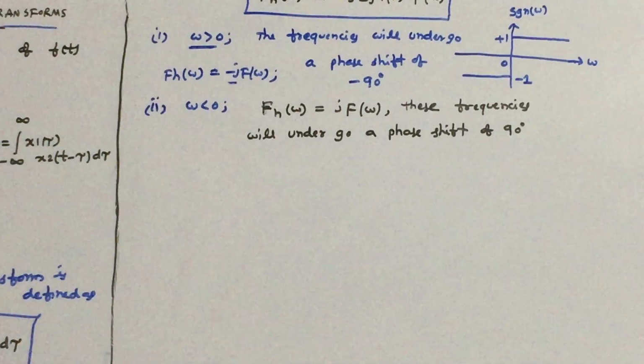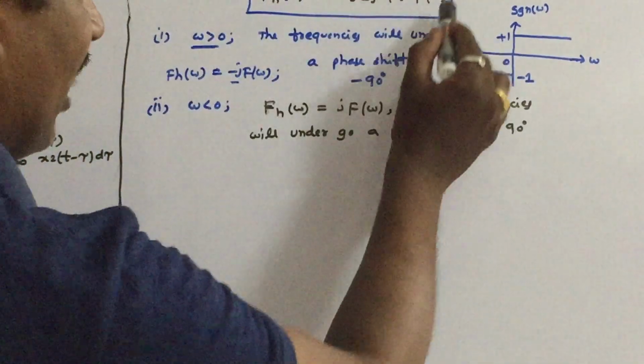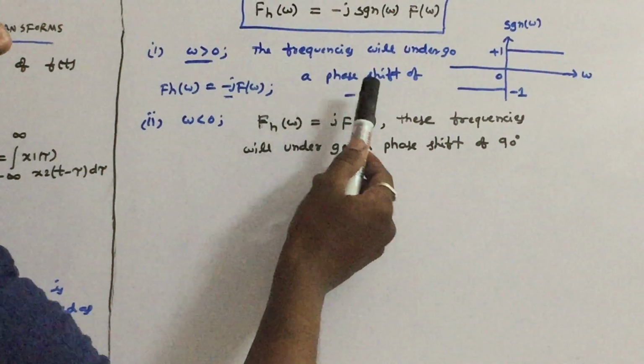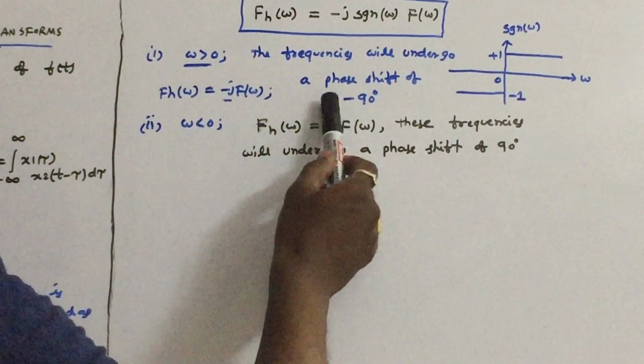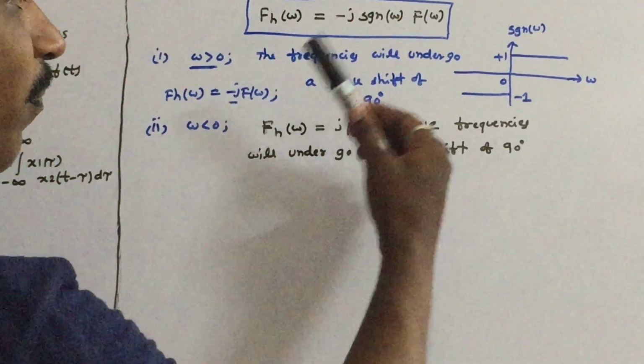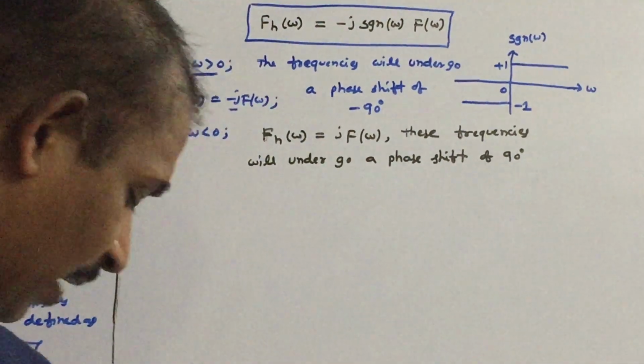So this is what you have to observe from this transformation. All the positive frequencies, because of the Hilbert transform, will undergo a phase shift of minus 90 degrees. All the negative frequencies will undergo a phase shift of +90 degrees.